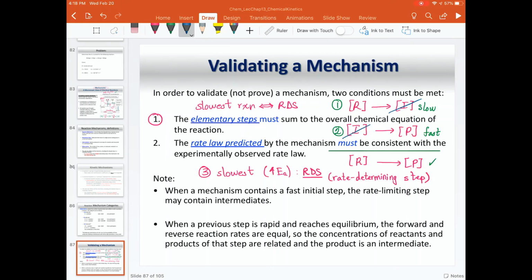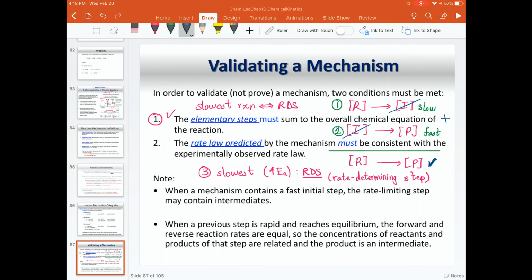When you add elementary step 1 plus elementary step 2, you recover the overall reaction, which is reactants going to product. So the first criterion is satisfied for this particular mechanism.